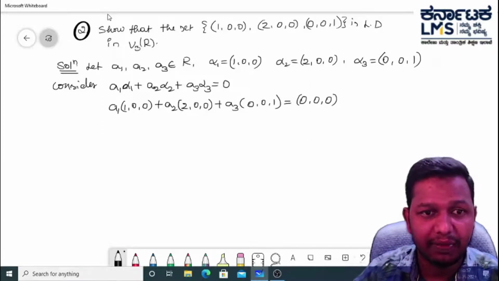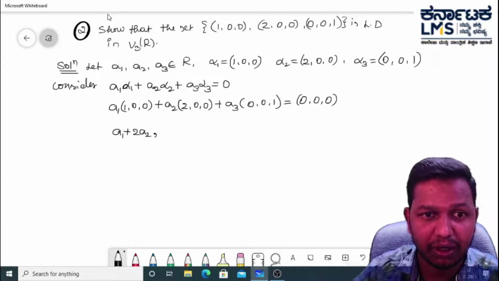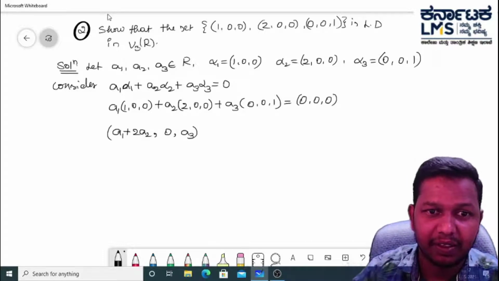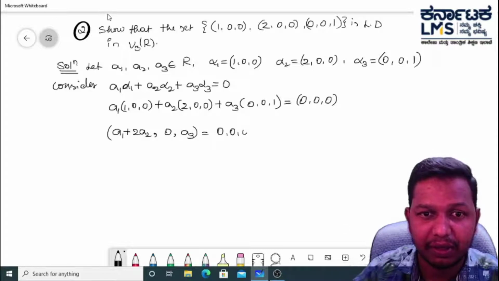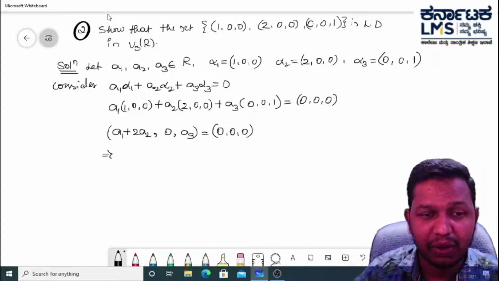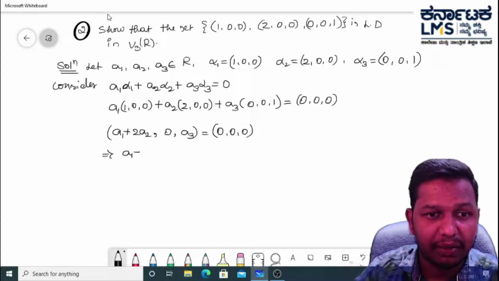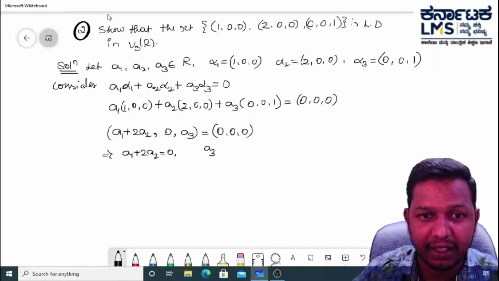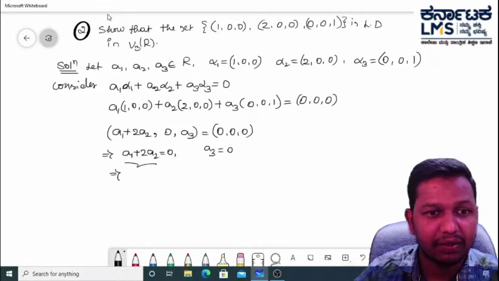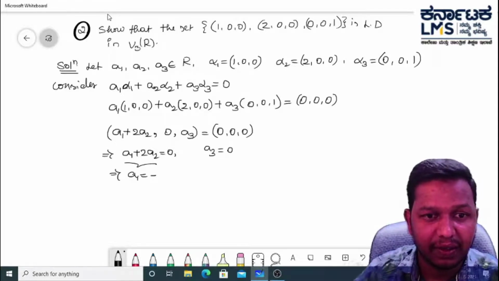So after simplification we get a1 plus 2a2 comma 0 comma a3, which equals the 0 vector 0 comma 0 comma 0. On comparing the coordinates, we have a1 plus 2a2 equals 0 and a3 equals 0. Observe the first equation. We have a1 equals minus 2 times a2.